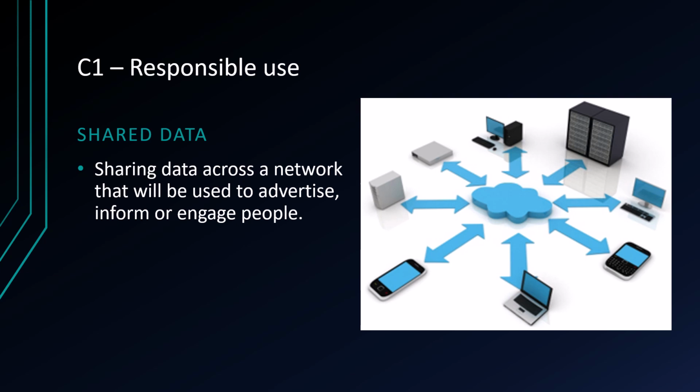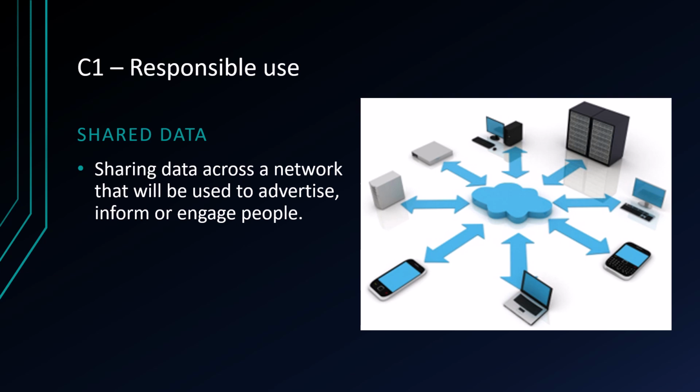And the first one's going to be shared data. If we're going to share data, we can obviously use it to advertise, and to promote a company, but we also need to make sure that it is safe and secure. The reason is we're not going to send out people's bank details, for instance. We're going to put in quite generic information that doesn't really give anyone away.